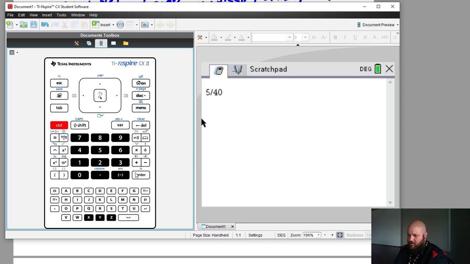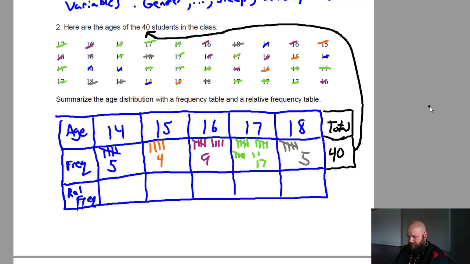Control Enter. So that gives us 12.5%. 0.125 is fine to write as well. So 0.125. And we know that's the same for our 18, right? It's the same value. So 0.125.